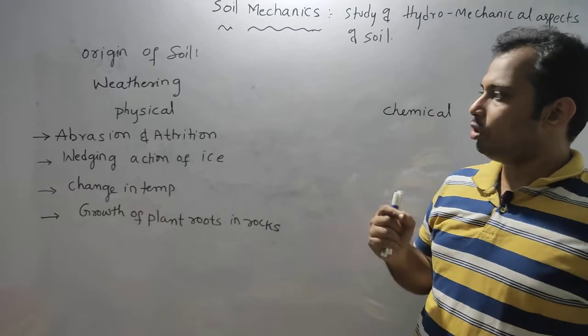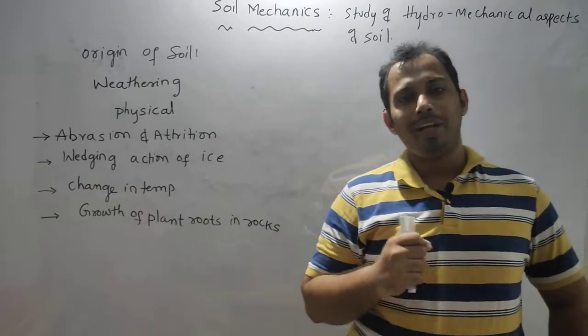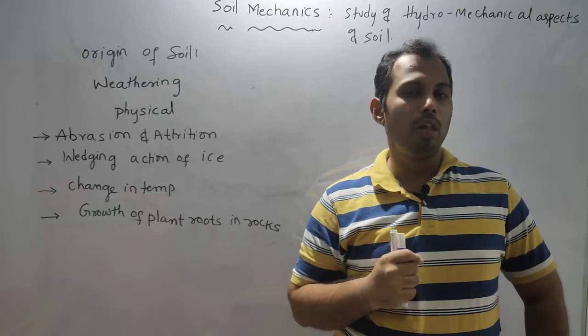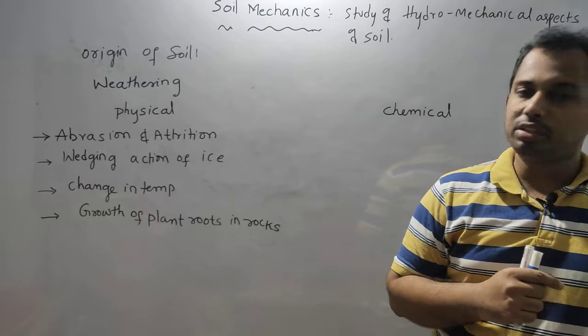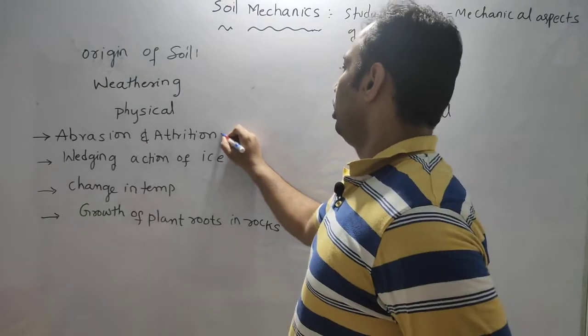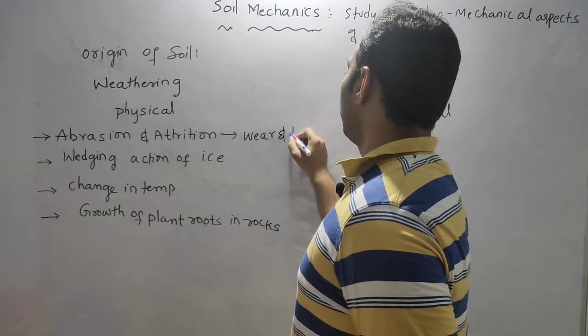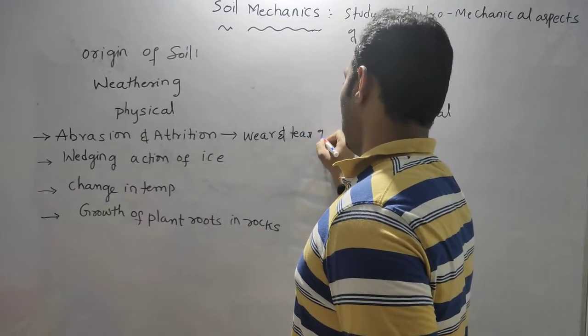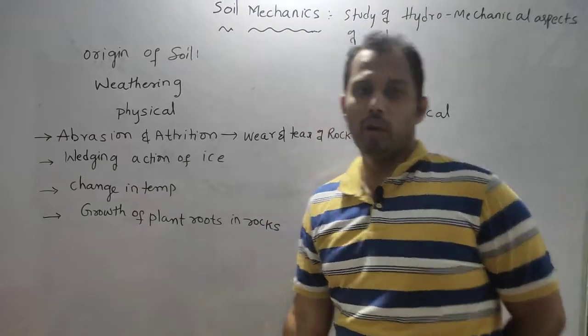So that is the majority of the soil which we are seeing from an engineering point of view. All the soils are coming out of the physical action, that is abrasion, which is nothing but the wear and tear of rock. So the wear and tear of rock is causing the soil.